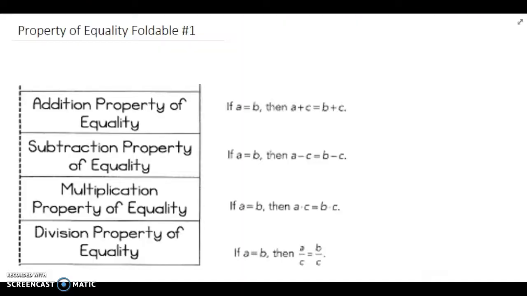So the first flap we have is the addition property of equality. Now, when you open the flap, this is what it tells you. If A equals B, then A plus C equals B plus C. So notice, all we did is added C to both sides.